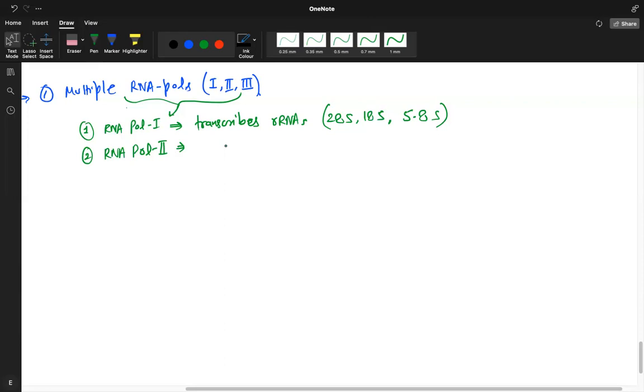Whatever you make by transcribing the DNA contains both exons and introns. So when that is formed, we do not call it an mRNA because it's not ready with the message. The message will only be completed and clear when you remove all the introns and stitch all the exons back together.